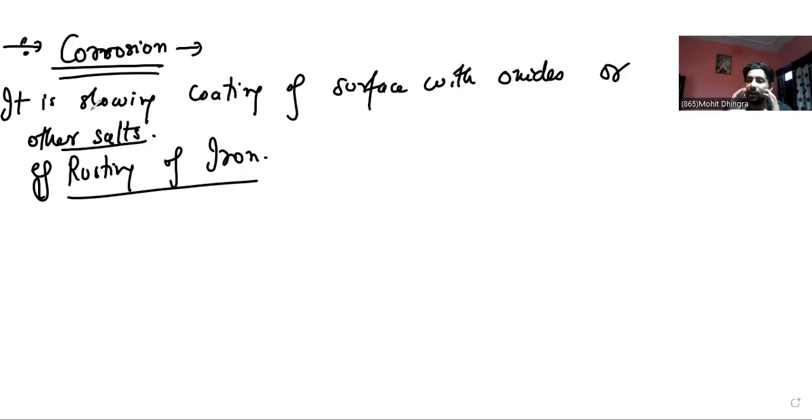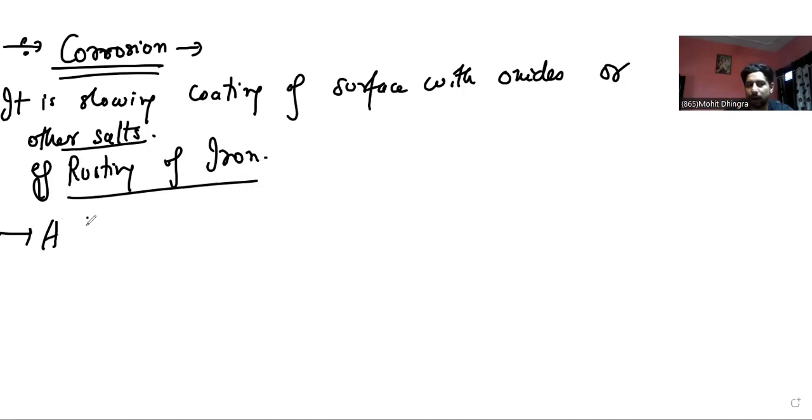What happens when a metal is exposed to air and water vapors is that a particular spot on the metal starts behaving as anode.